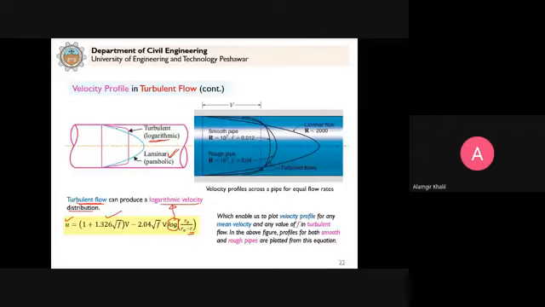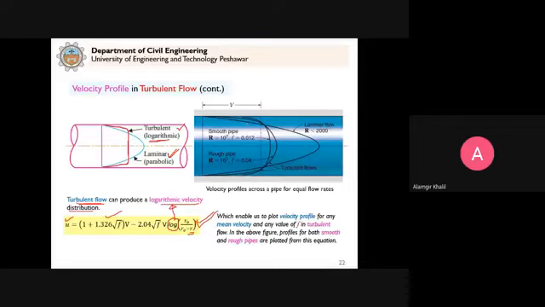So it means that this profile here, which represents the turbulent flow, is represented by this equation, and it follows a logarithmic velocity profile. In case of laminar flow, it follows a parabolic velocity profile. In case of turbulent flow, it follows a logarithmic velocity profile.